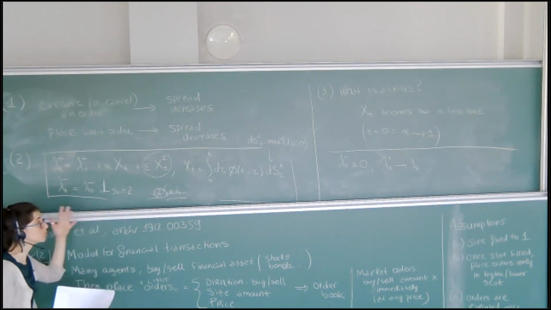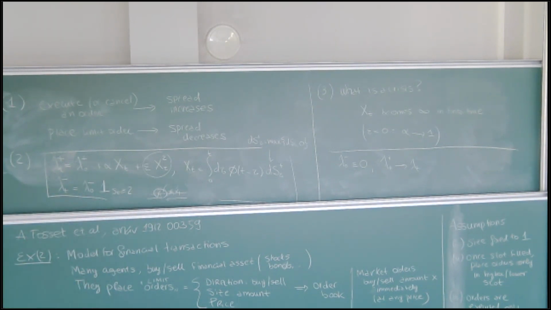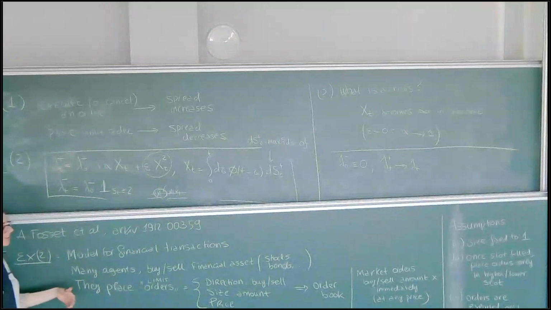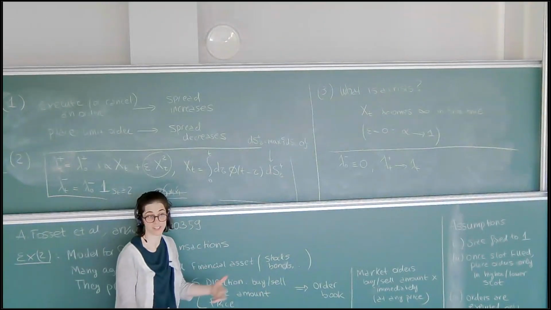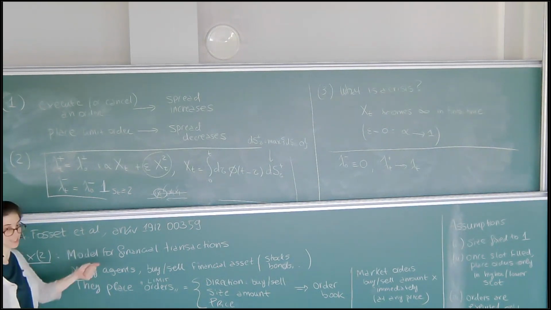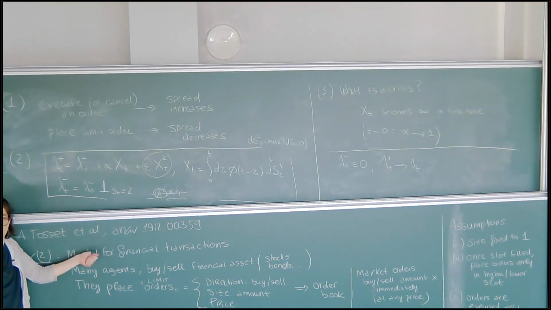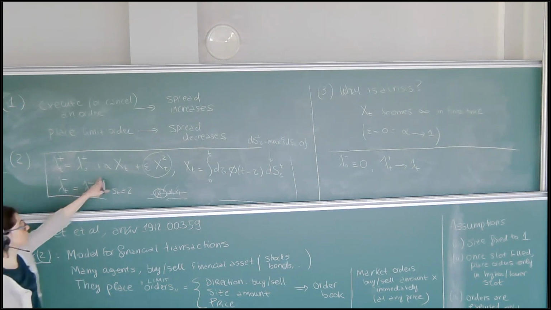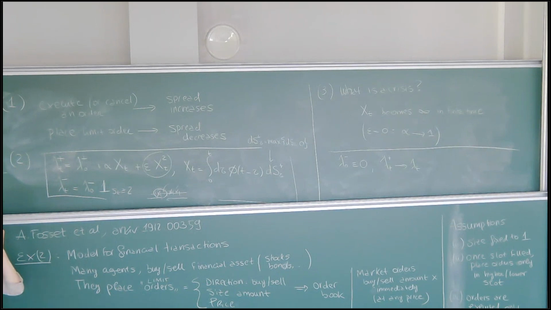So the idea would be that if you see that many people are selling the stocks that they have because there is no longer trust in the company or in whatever is associated to the stocks, then you're also pushed to sell, or to execute your orders very fast. And this is why you self-excite this type of processes.